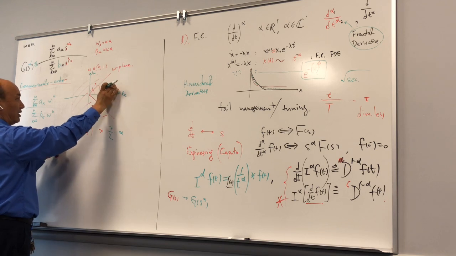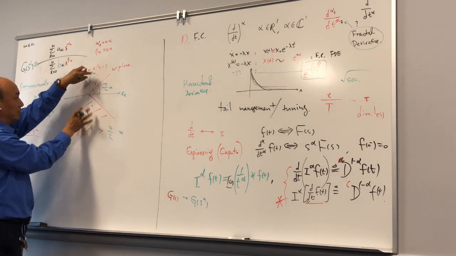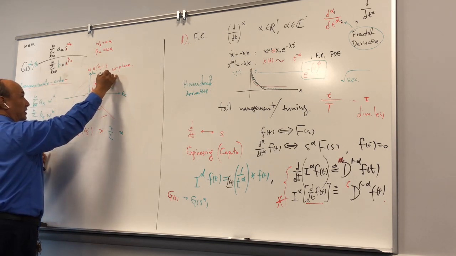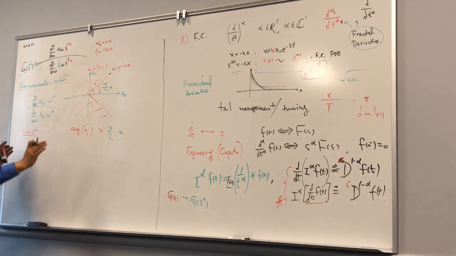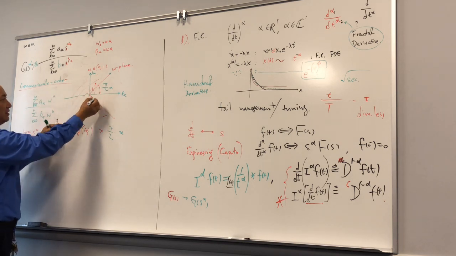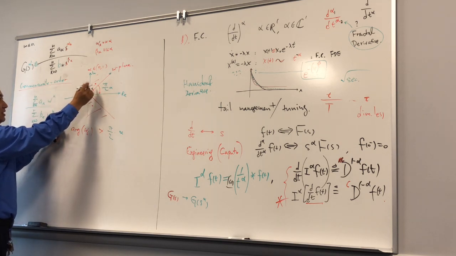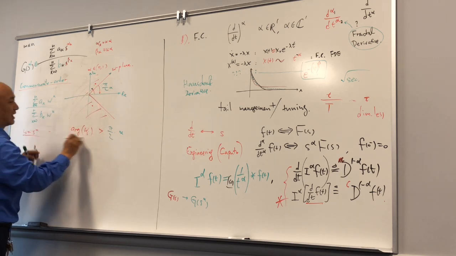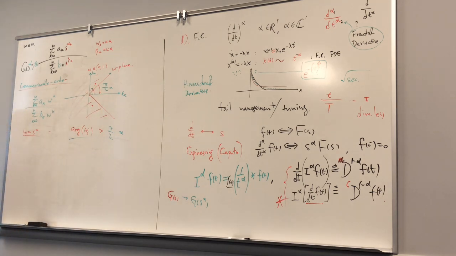When alpha is 1, then this red line will be the imaginary axis. So kind of like you bend the imaginary axis by the angle here. But for stability, the angle of the root here should be greater than this one. So that is the stability condition.